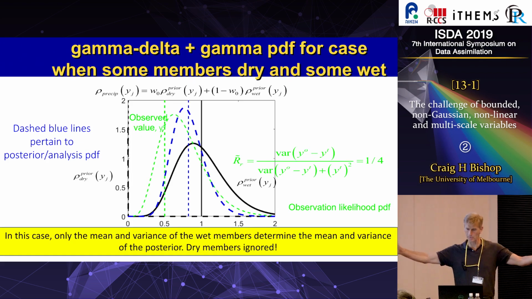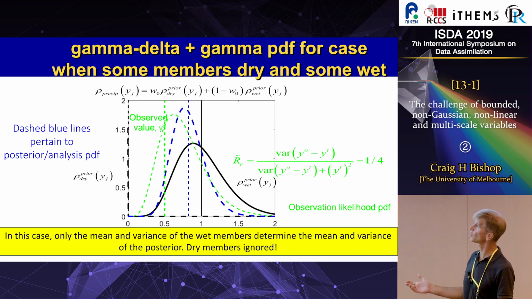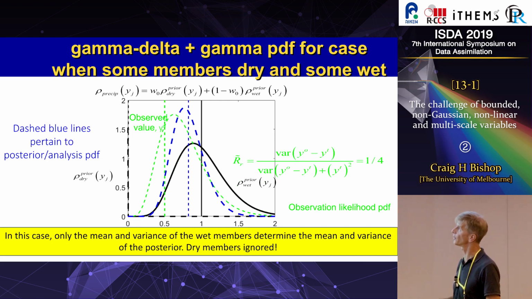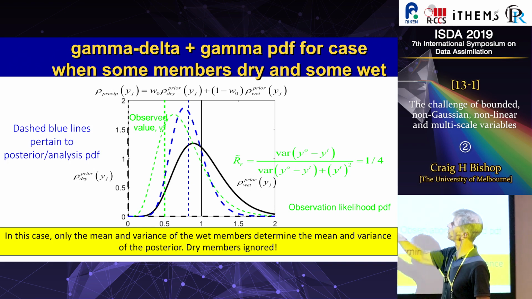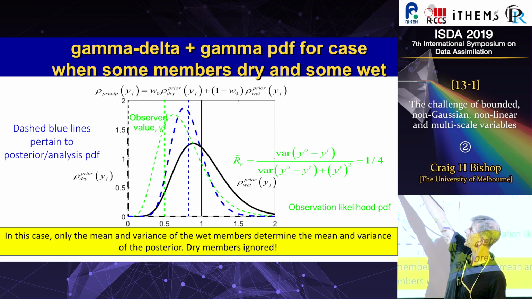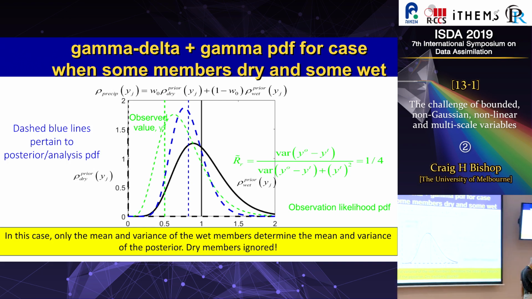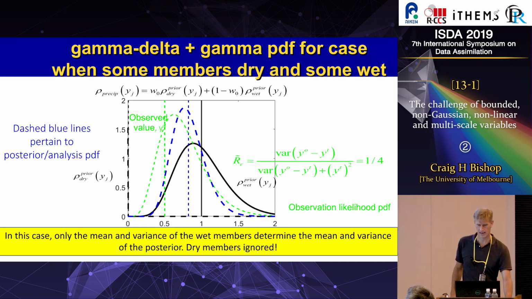Okay, so now we might have a situation where we've got 50 members that are raining and 50 members that are dry, or some variation on that, so we can compute the probability that it's dry. That W0 is the probability of dry. That first density I'd model as one of these gamma delta functions.